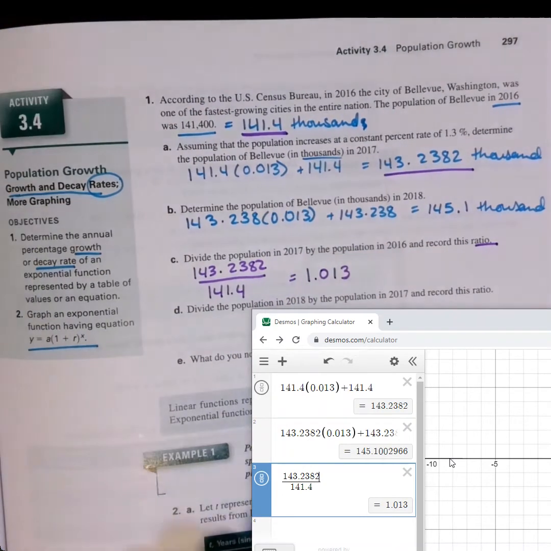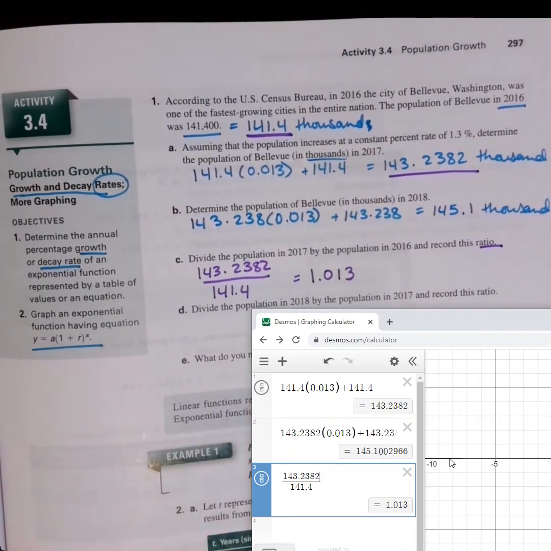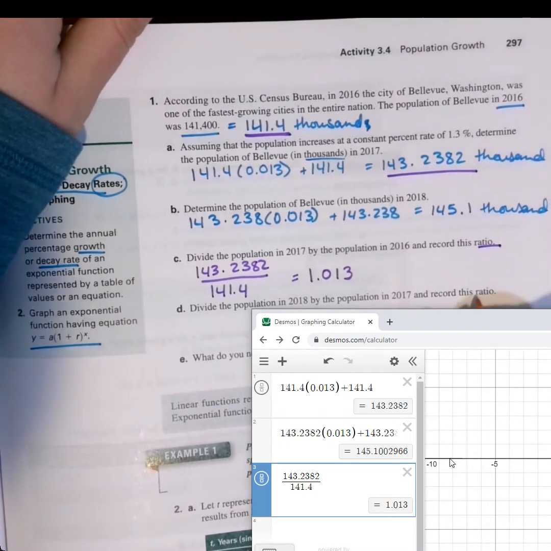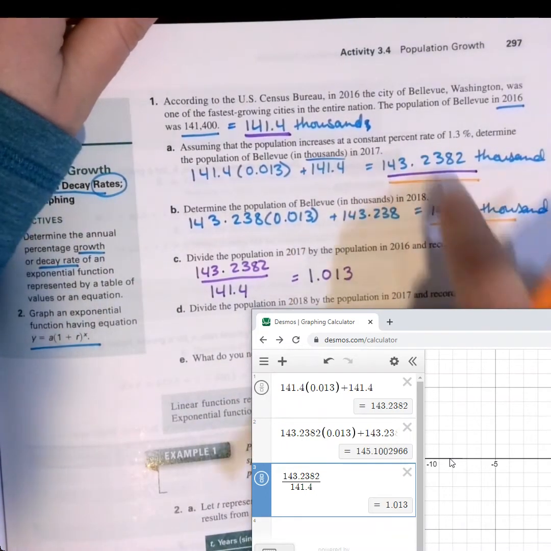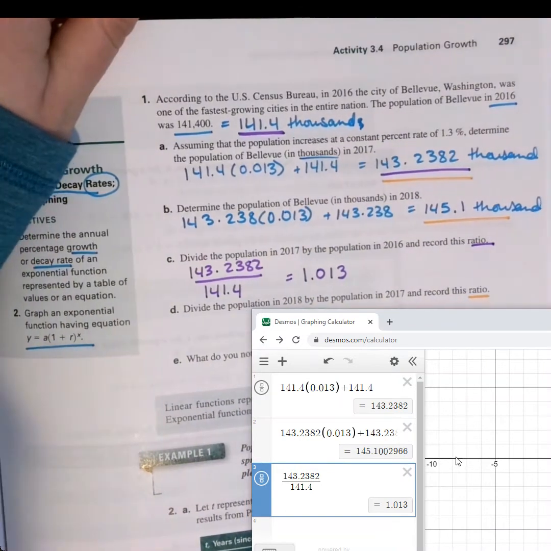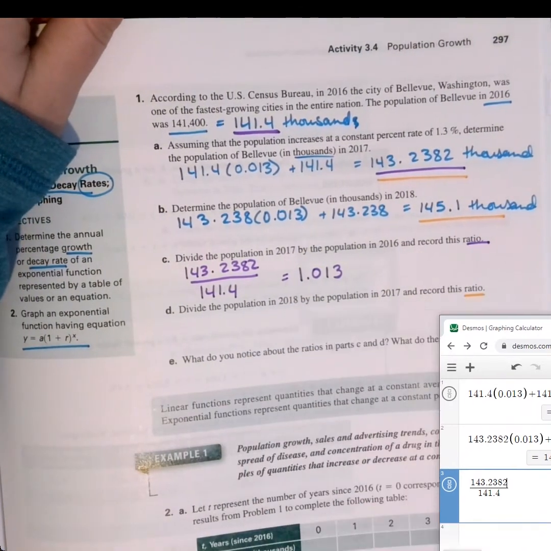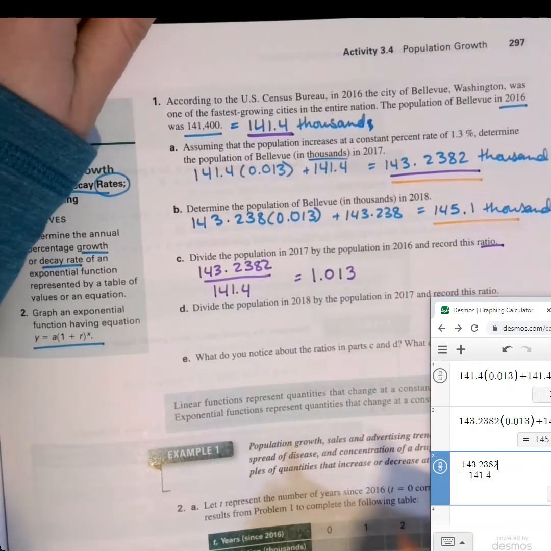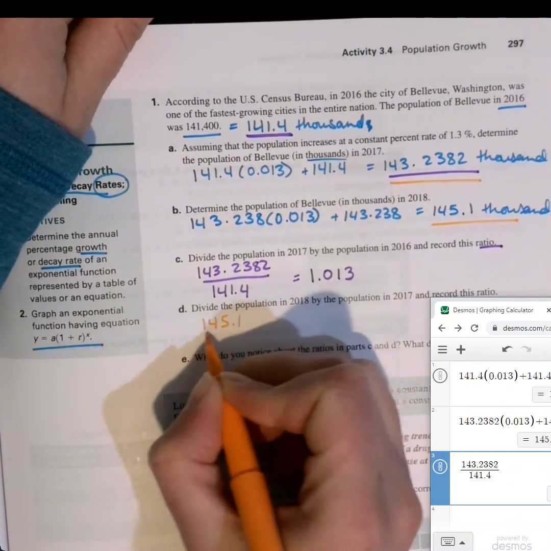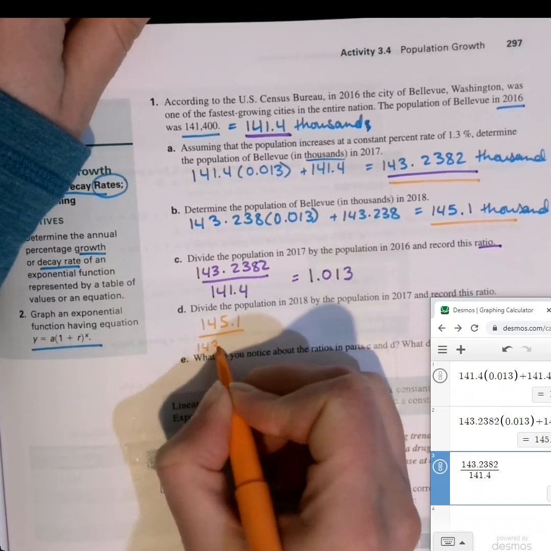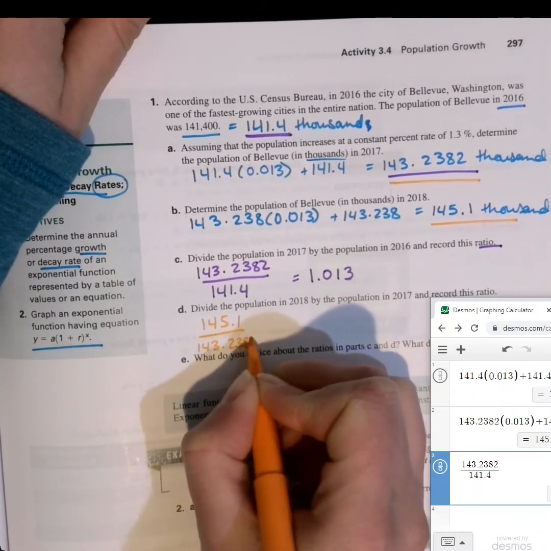We're going to do the same thing for the next two, the ratio of 2018 to 2017. We're going to do the ratio of these two values. So I'm going to move decimals off to the side a little bit more here. We need to do our 145.1 over our 143.238.